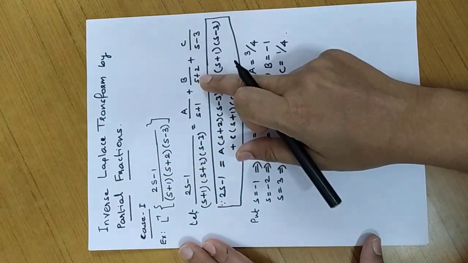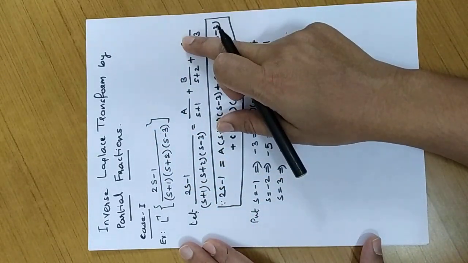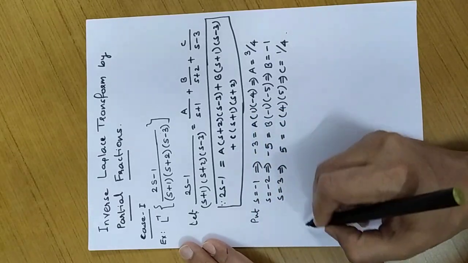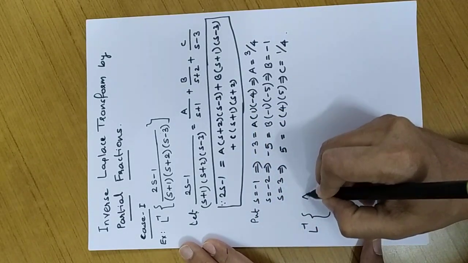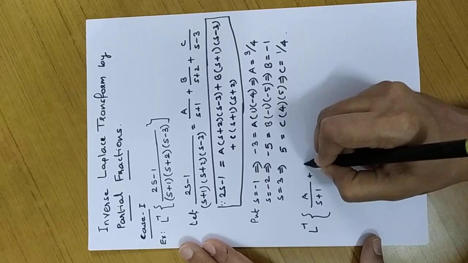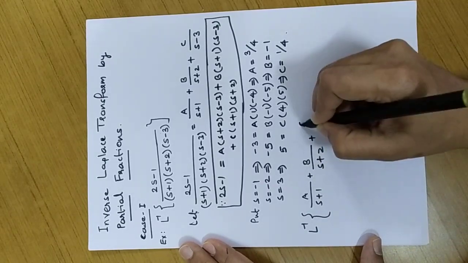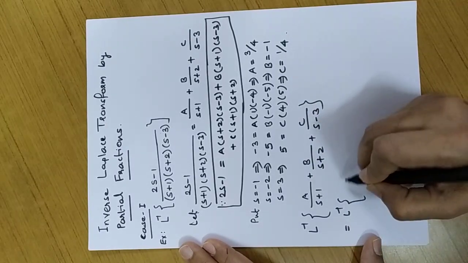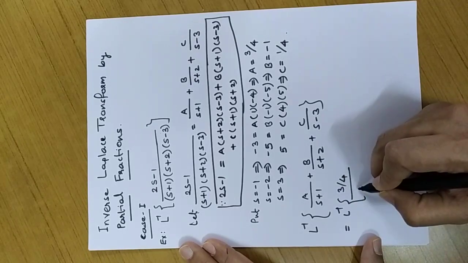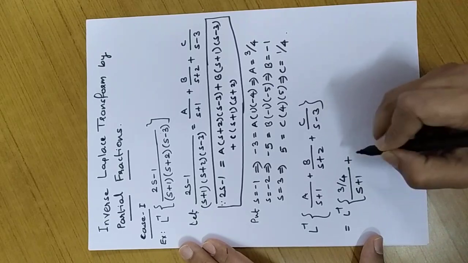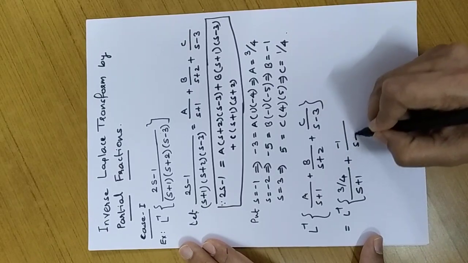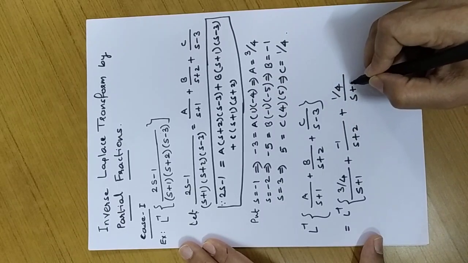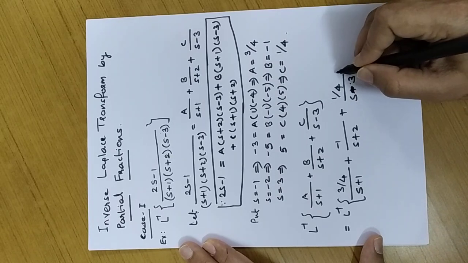We had guessed A, B, C as arbitrary numbers, but now we have particular values of A, B, C. So instead of this, you can write L inverse of A by the first factor plus B by the second factor plus C by the third, where A is 3 by 4, B is minus 1 divided by s plus 2, and C is 1 by 4 divided by s minus 3.